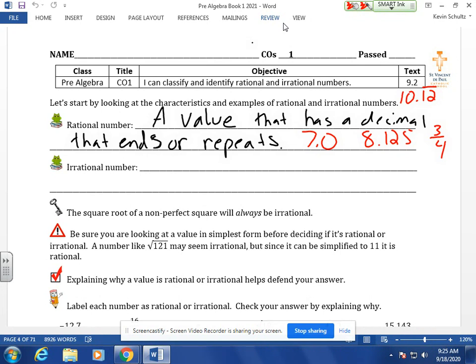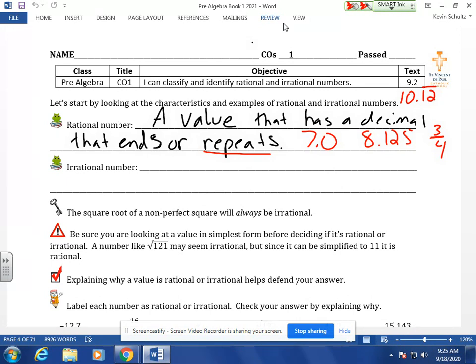It repeats itself forever. That still fits into our definition of a rational number. That decimal repeats. Okay, therefore it would be rational. So most of the values that you deal with are going to be rational numbers. Okay, most of the values that you've grown up using in math are rational.